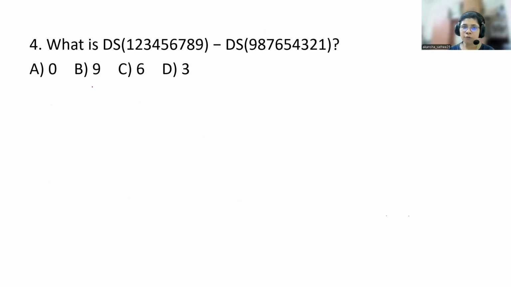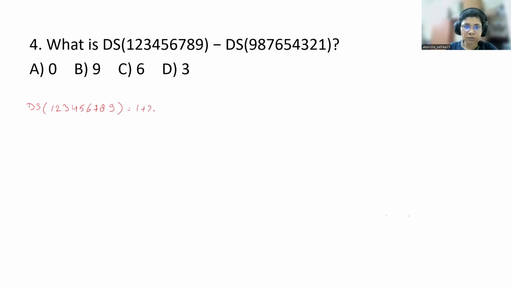So again, what you can do is you subtract them. You have to subtract these two big numbers. So simply you just have to add the digits. So digit sum of 1, 2, 3, 4, 5, 6, 7, 8, 9.